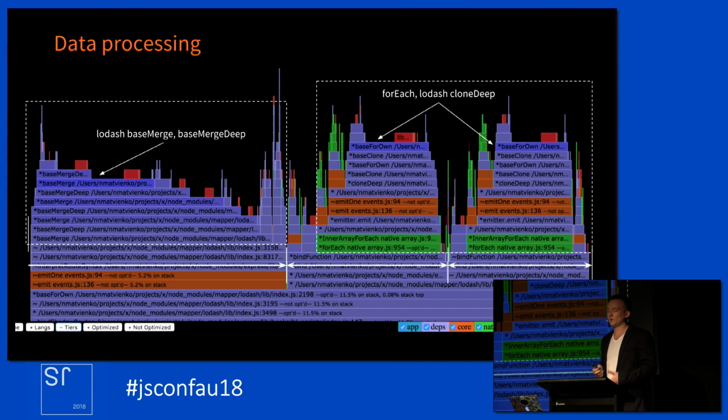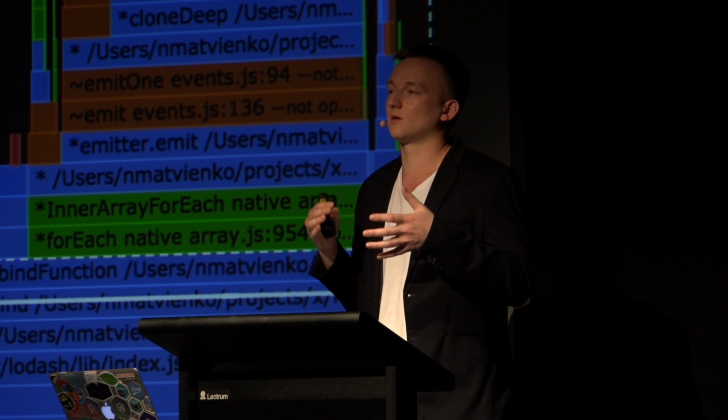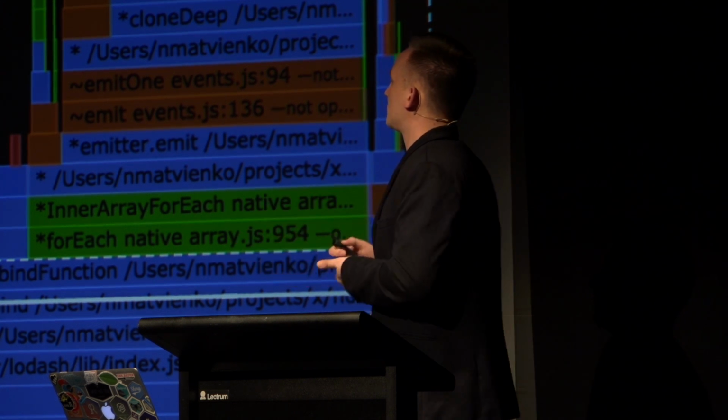If we zoom in, we will see there are a lot of white blocks of lodash: base merge, base merge deep, clone deep, for each cycles, and data processing of the product mapper. So we found that our helpers, logic and templates, a lot of cycles, and lodash utils are the cause of the performance loss. They are our bottlenecks.